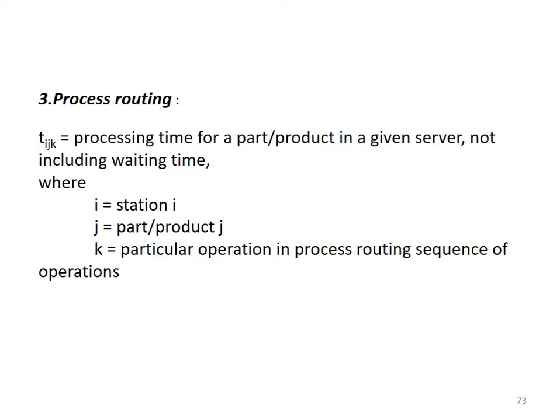Here the processing time of a part or product in a given server or workstation does not include the waiting time. Only the time required for preparing and actively machining that particular part is called the processing time, which is normally denoted by Tijk.